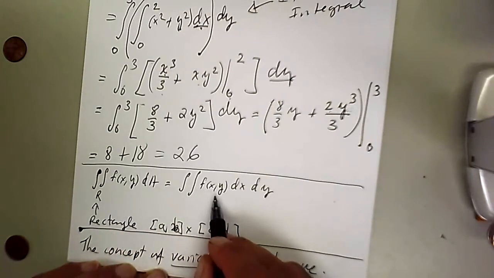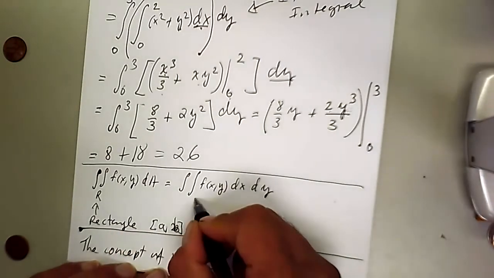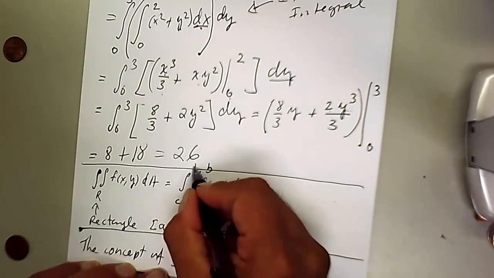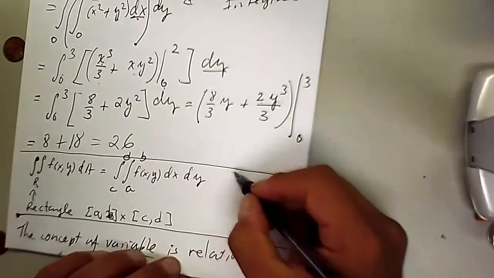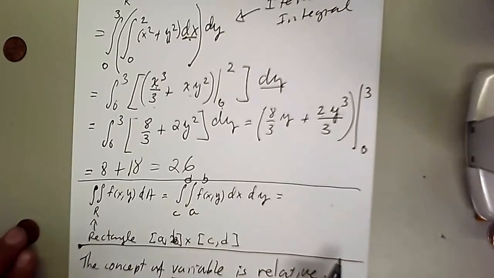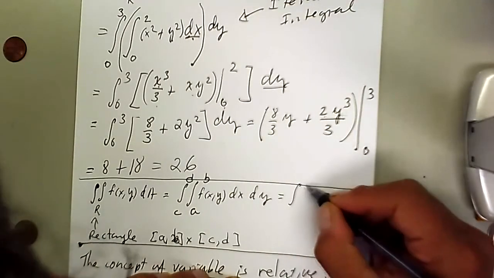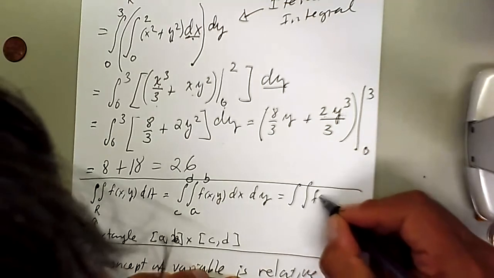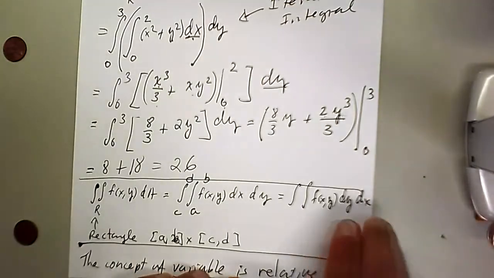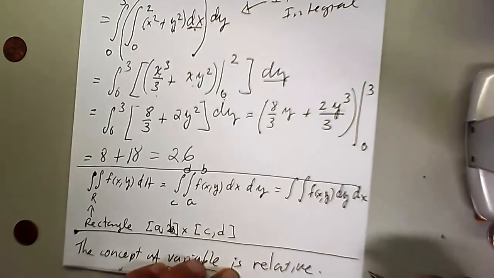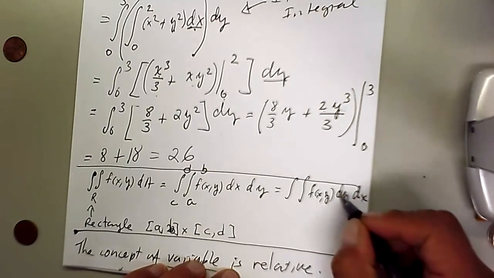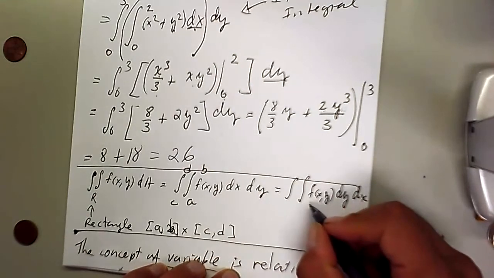So this double integral is the iterated integral from a to b for the x's, from c to d for the y's. And there's a theorem that says that if things are not too wild, this is the same as the iterated integral of the same function, dy dx. So with a rectangle, it is very straightforward. You can reverse the order of the integration with no consequences.